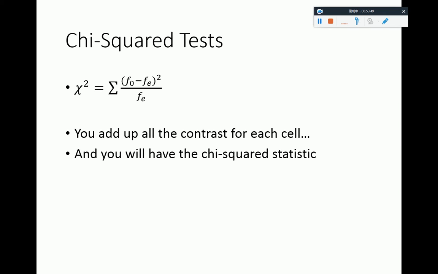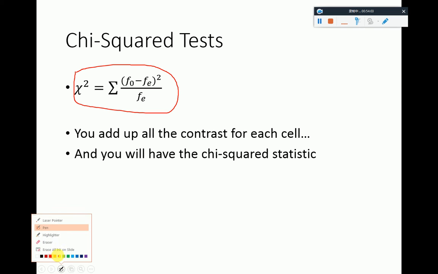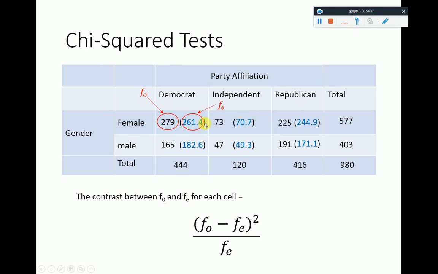Okay? All right, so this is not required for the examination. You will not be required to hand calculate chi-square, but you are indeed required to be able to calculate expected frequencies.